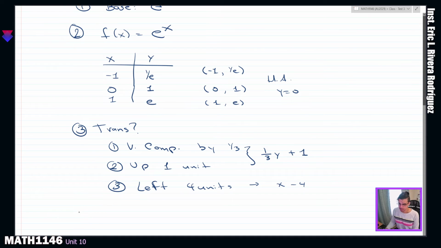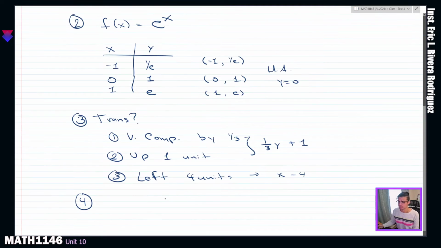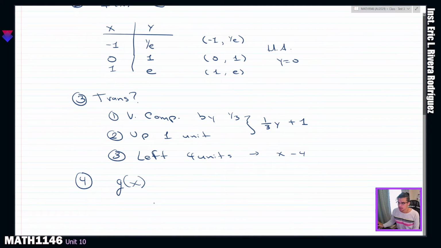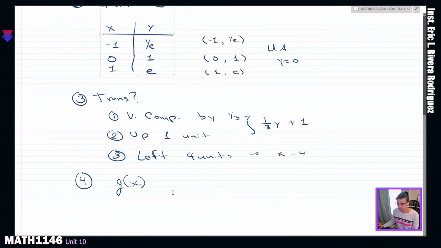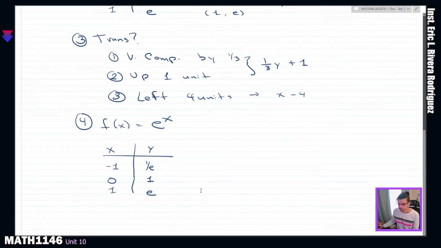So then we need to apply those equations to the parent function, the key points. All right. So g of x, and then I should copy this. I'm going to put the horizontal asymptote here below.